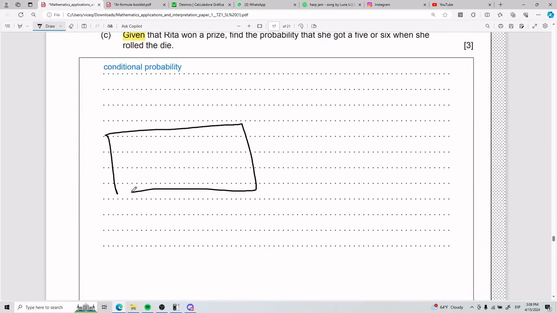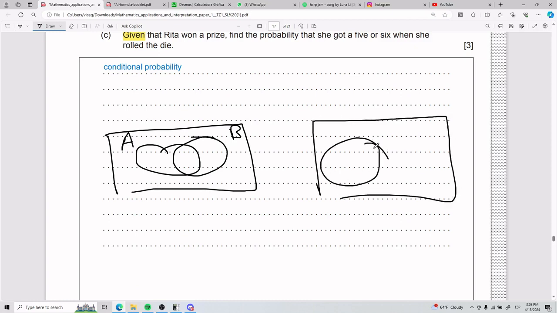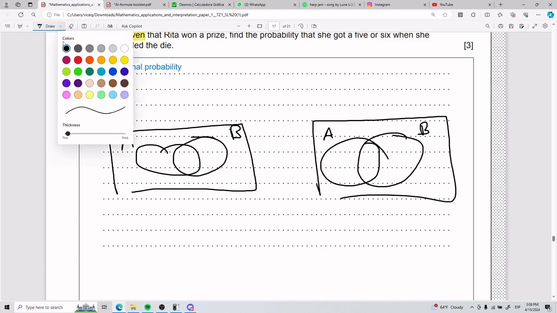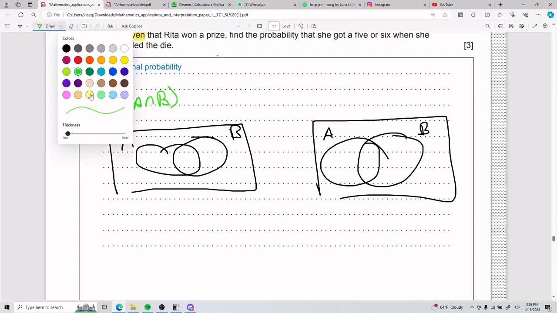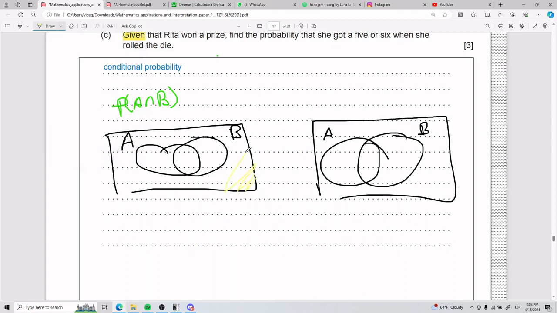Imagine you have a Venn diagram, okay, where you have A and B here, A and B. So I'm going to do another Venn diagram right away. Okay, the same scenario, A, B. If I am looking for the probability of A and B, what is your total? Your total is this whole thing. So this is where you're drawing from, okay?